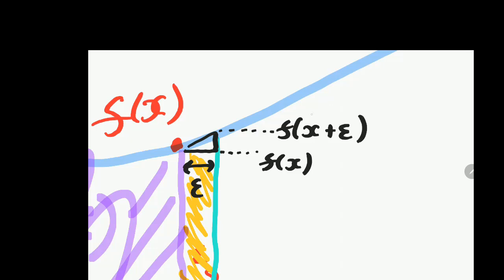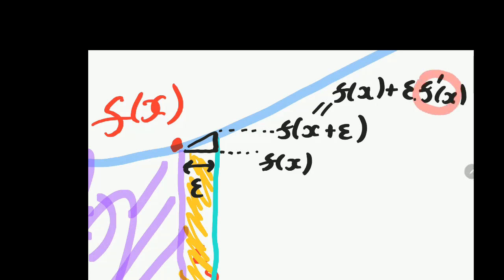Now we also know that this is going to equal f of x plus epsilon times the derivative of f at x. And if that doesn't make sense to you, you can look back at the previous video where we talked about differentiation, because this is basically our definition of the derivative of our curve.